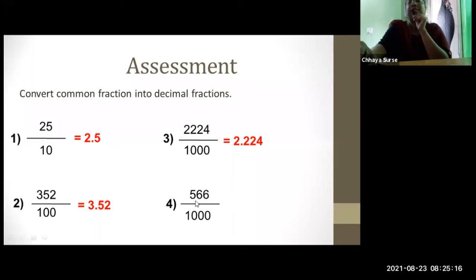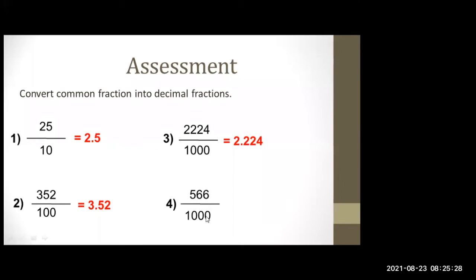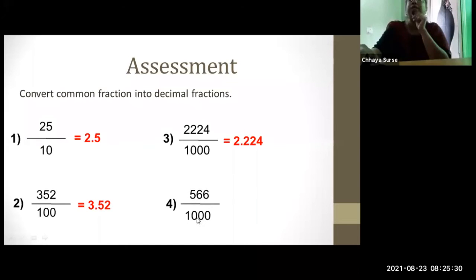Now see the fourth example. 566 upon 1000. How many digits are in the denominator? 4 digits. The numerator is 3 digits and the denominator is 4 digits, so 1 digit is less here.